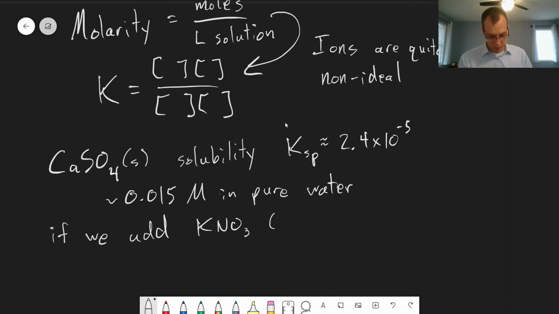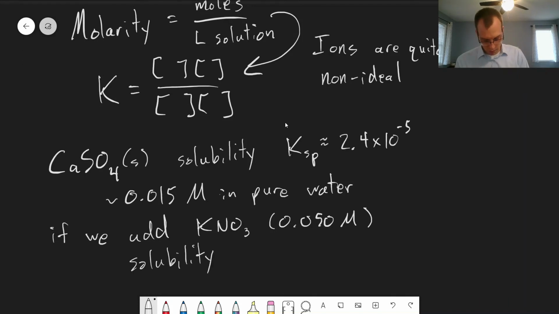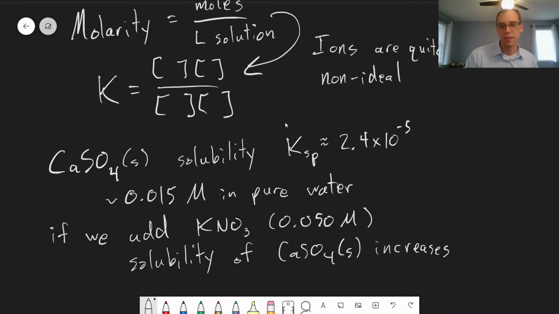At a concentration of 0.050 molar, the solubility increases. Meaning that we get more ions dissolving from the salt if we add a different salt to the solution.